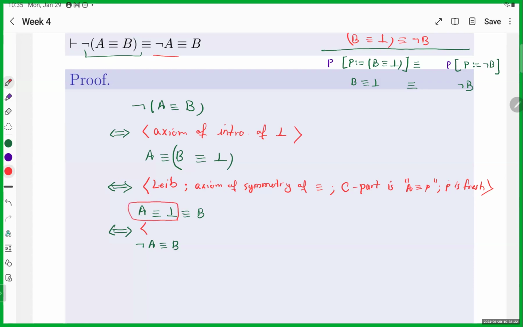We replaced this with negation of A. So this is a sub-formula of the entire formula. That's why we need to use Leibniz. You call this P for the C part. So we are using Leibniz again for an axiom. What was the C part this time? This time it is P is equivalent to B. P is again fresh.